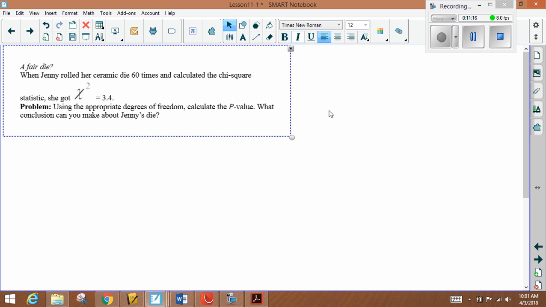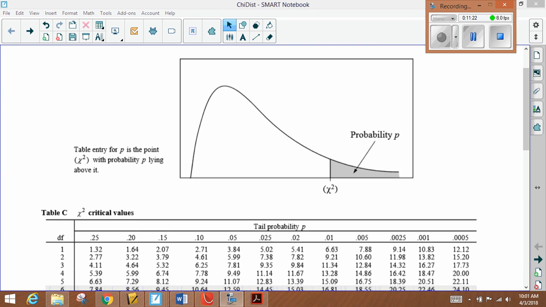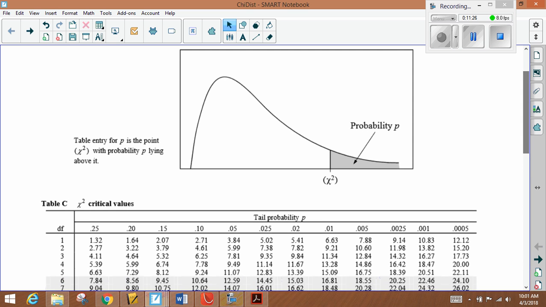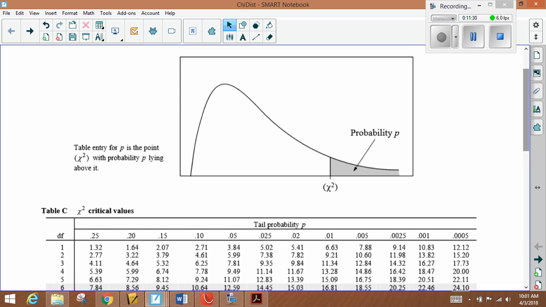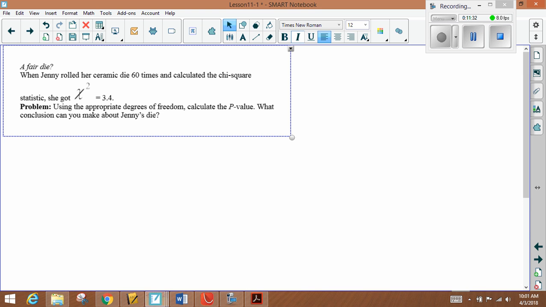Okay, so we're using degrees of freedom. In this case, let's calculate our degrees of freedom.